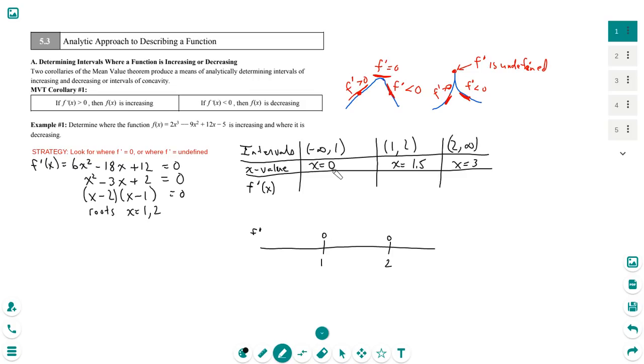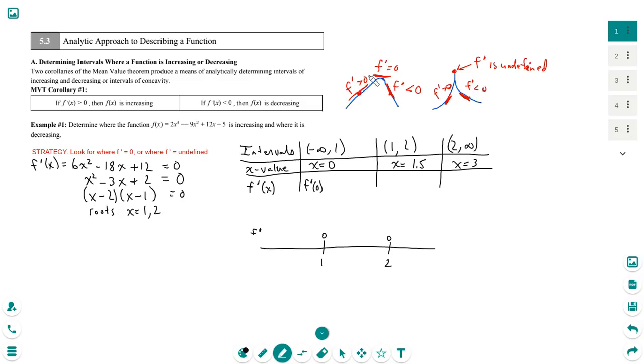All right, so I'm going to plug in 0 into my first derivative. So f prime of 0. Okay, so I plug it in. Now, I can use any one of these forms, the factored form, the reduced form, or the original form. It doesn't really matter. They will all produce the same result in terms of sign, because that's what we're looking for here.